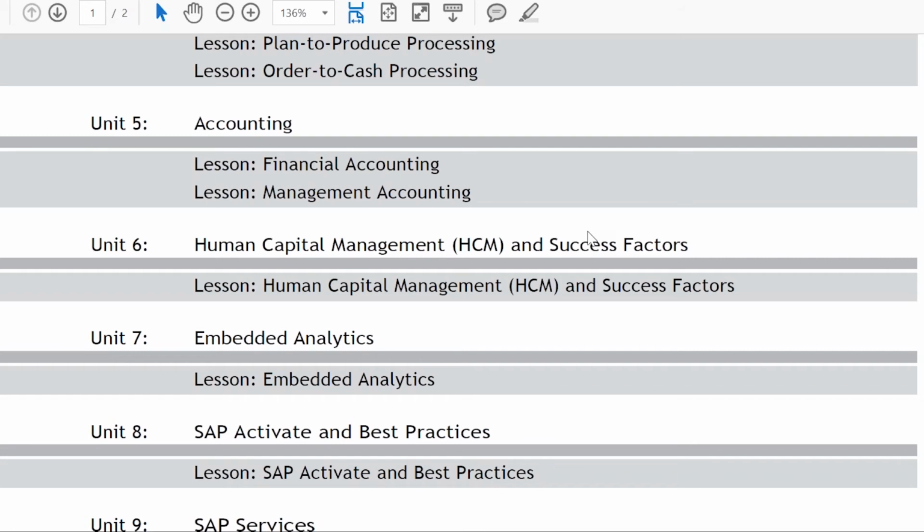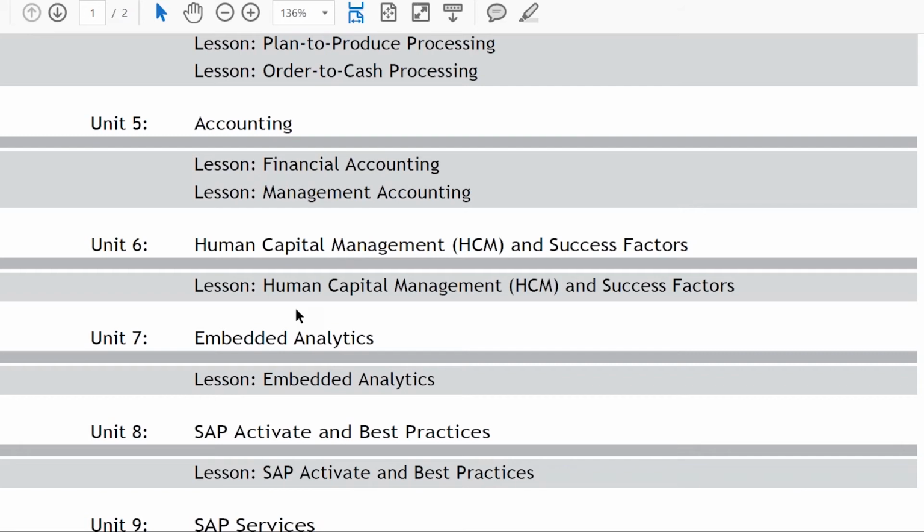The reason why we have added this in our topic is that S4 HANA is a system that can do every activity except HR related activities. Your HR functionalities are yet to be incorporated into S4 HANA.